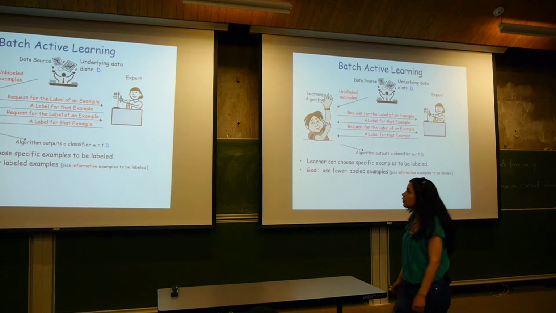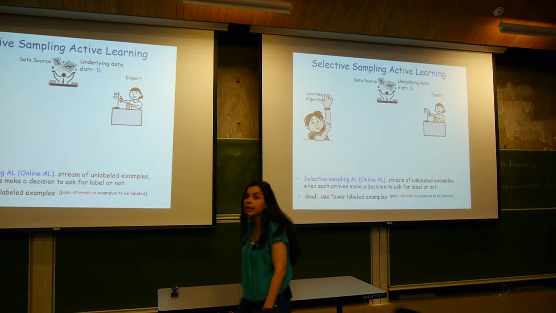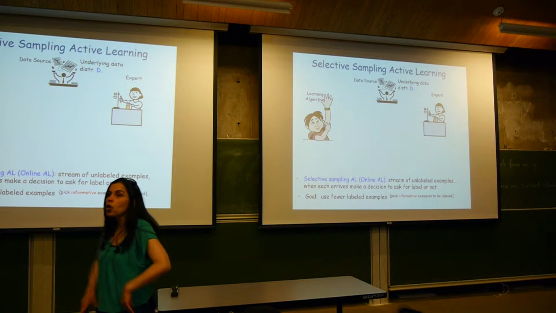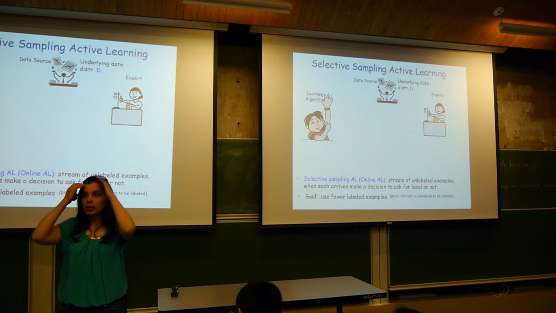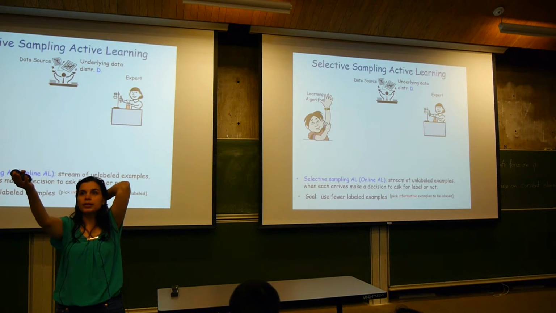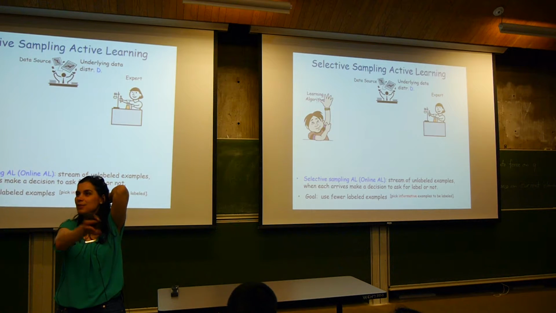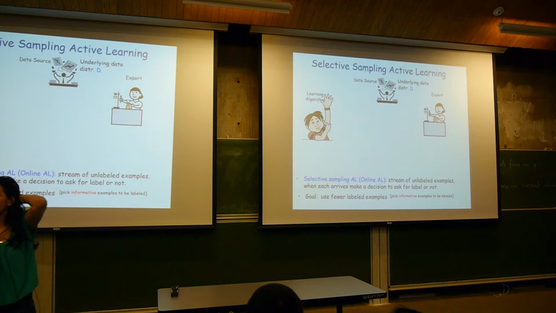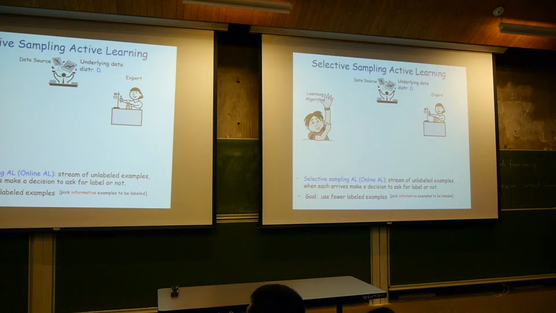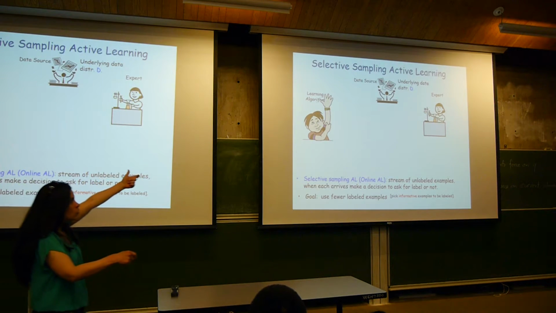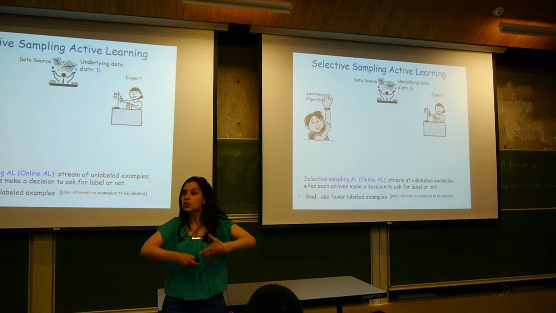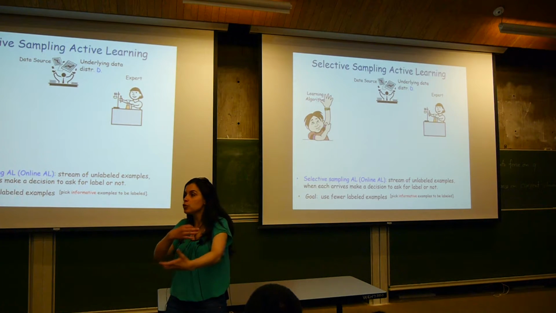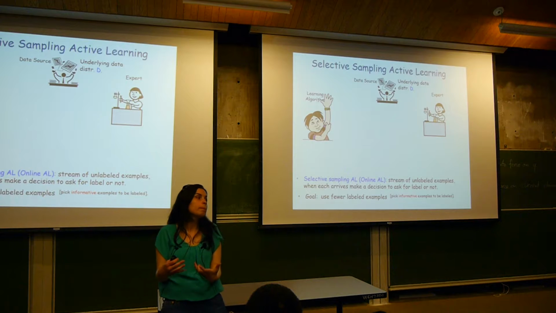As I mentioned, there is also another scenario called selective sampling active learning, or online active learning. We discussed online learning at some point, and somebody asked me how online learning is different from active learning. Let me describe the combination of the two models. As typical in distributional learning, it's not an adversarial world; we still assume there is some source of data, a distribution where the examples come from.